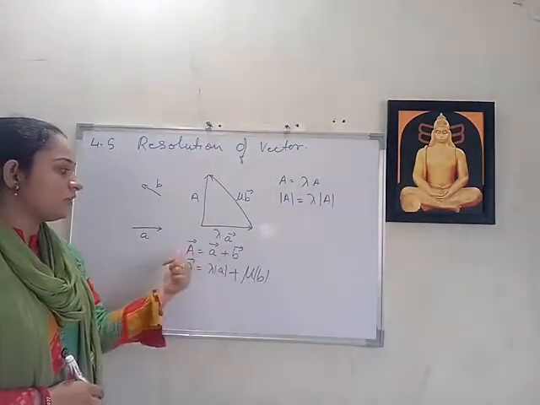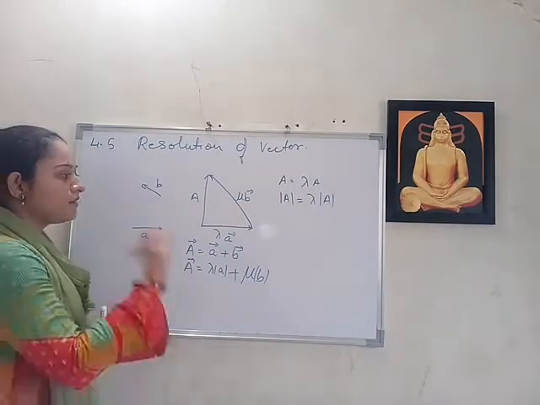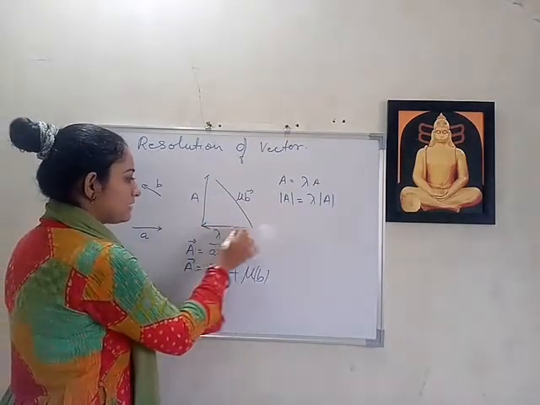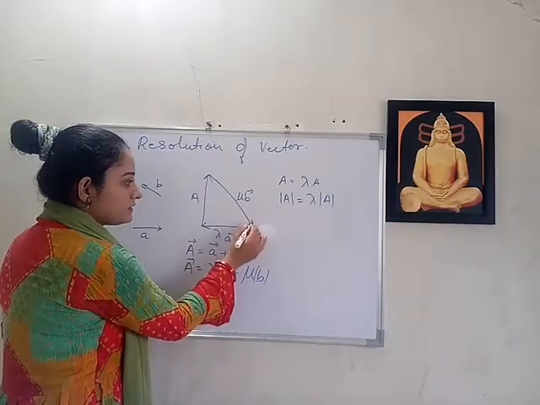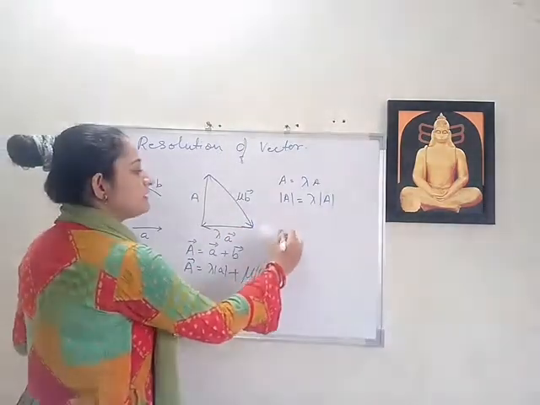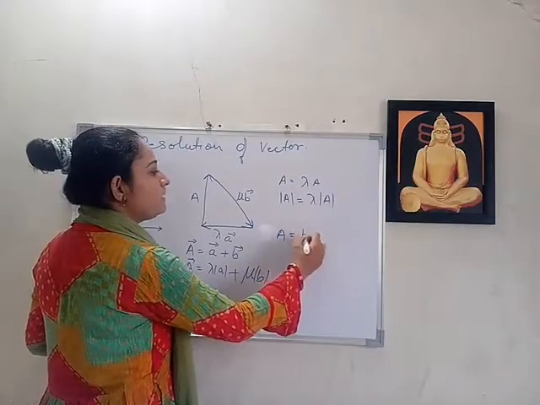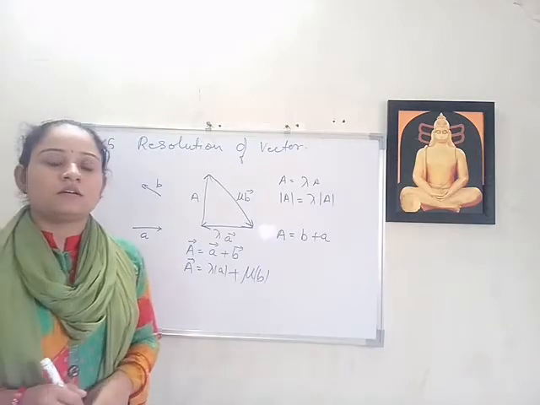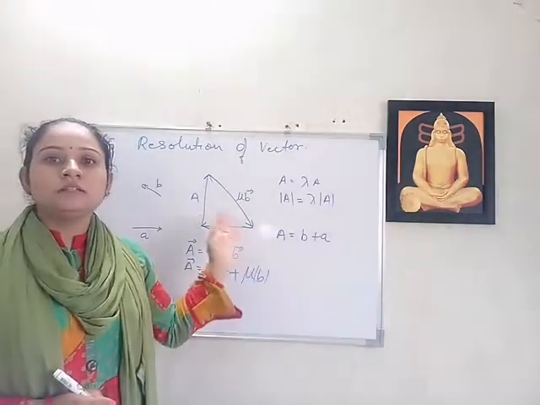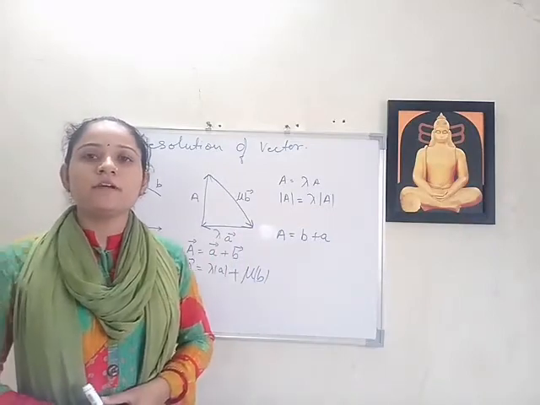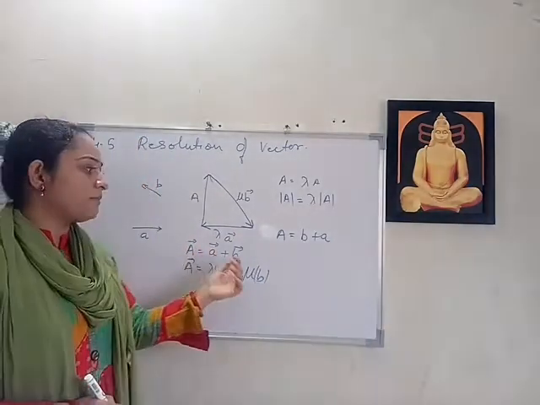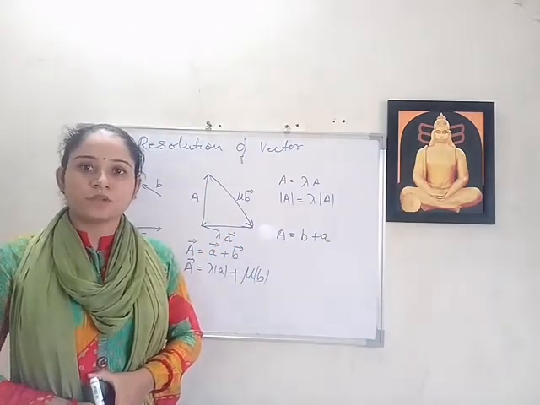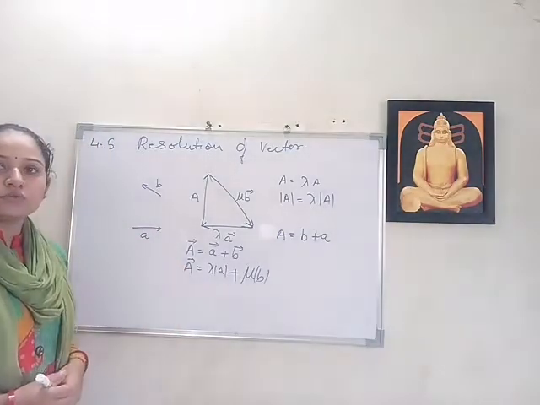So from the graphical method we know that A equals A plus B. If we change the direction of A and B, say this is the direction of A and this is the direction of B, then the resultant vector A will be equal to B plus A. For this we have studied in the graphical method that these vectors follow the commutative and associative law. So A equals A plus B or B plus A; only the tail and head part will change. Okay, so this is its resolution.